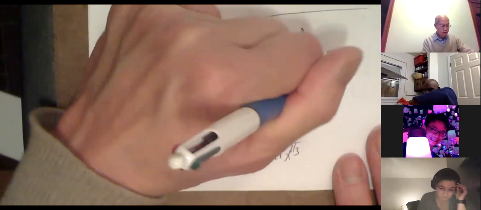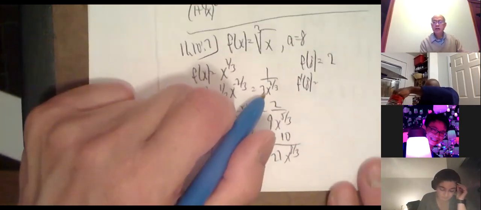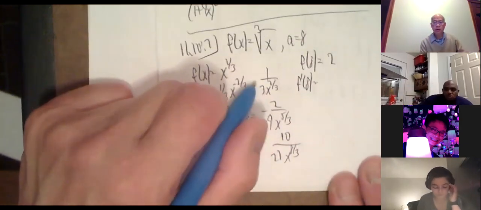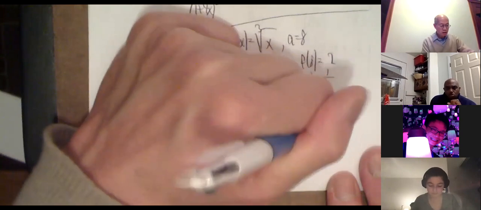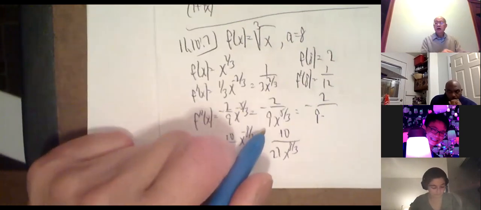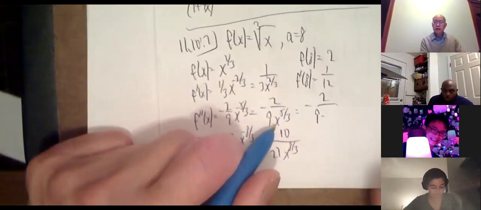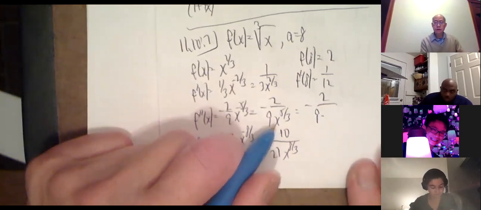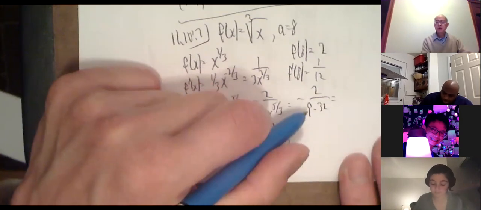Cube root of 8 is 2. f prime of 8: 8 to the 2/3 is 4, 1 over 3 times 4 is 1/12. 2 to the 5/3 is 32. 1 over 16, negative 1 over 144, I think.